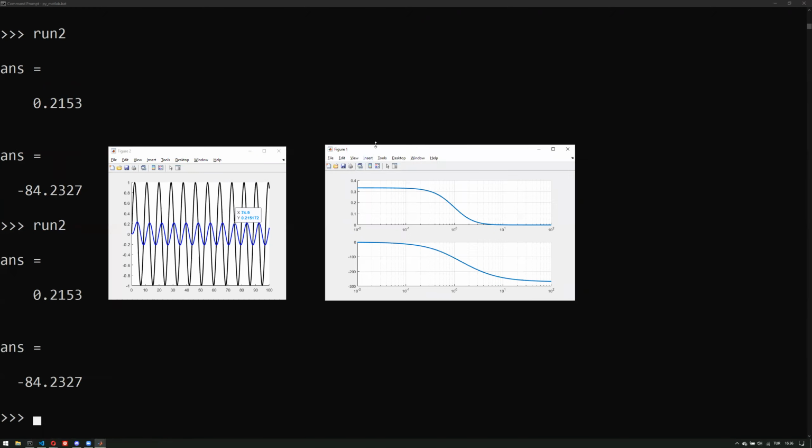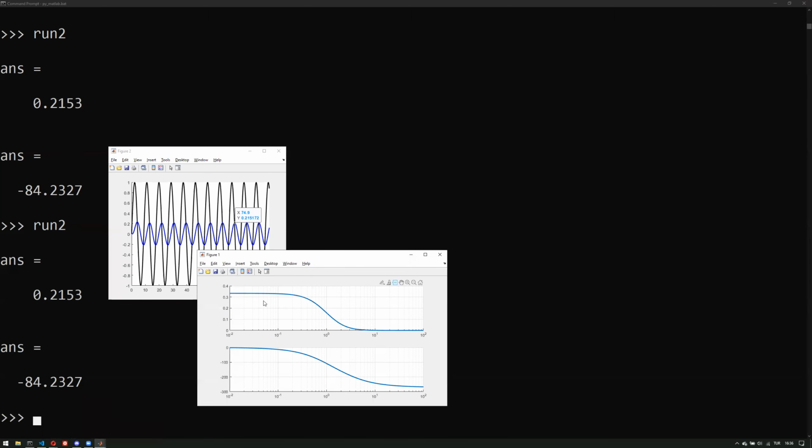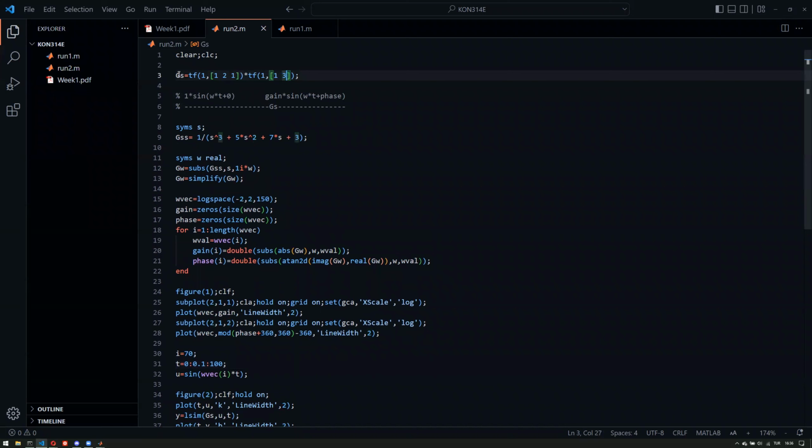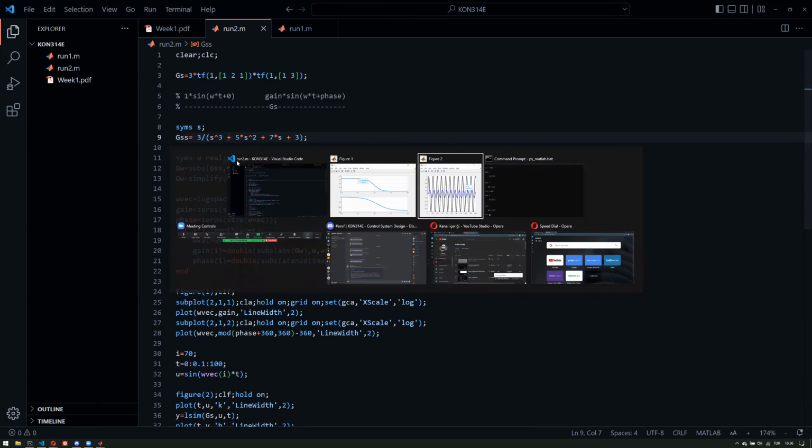Now, do we have a better thing here? Maybe 10 to the power of -1. Well, this is not a very good system, therefore maybe we should change it. Let's add a little bit of, at least we should give it a gain of 3.